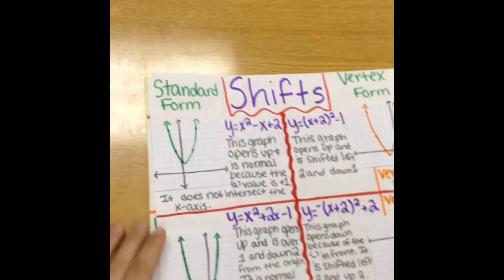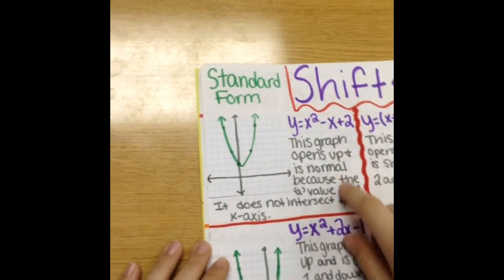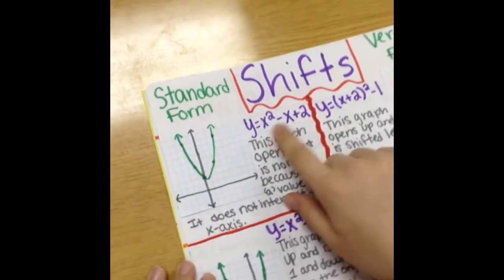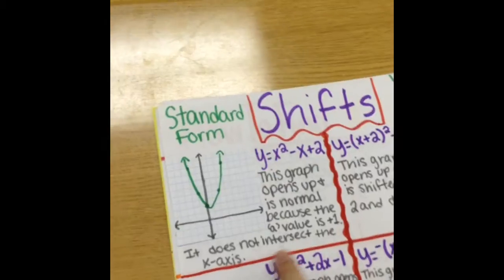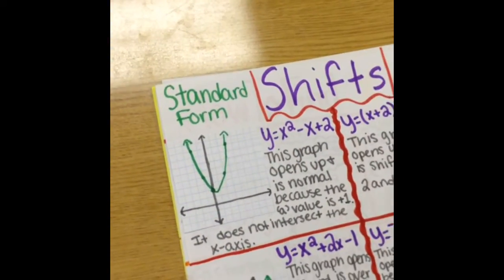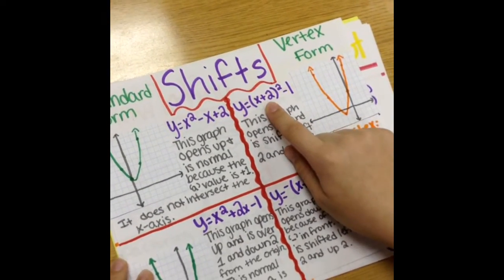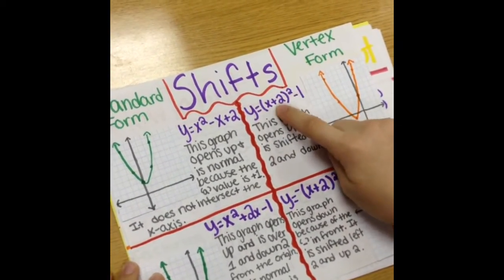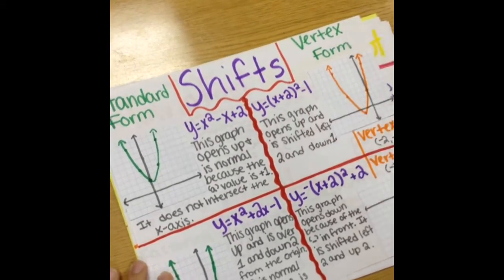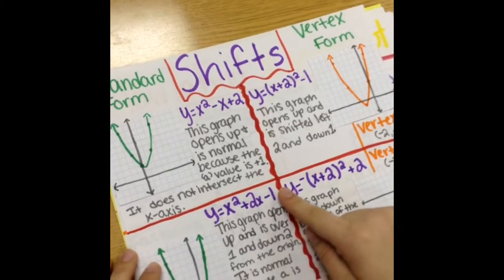Shifts. In standard form, the graph opens upward because the a value is plus 1. It does not intersect at the x-axis. For vertex form, the graph opens up and is shifted left 2 and down 1 in this equation: x squared plus 2x minus 1.